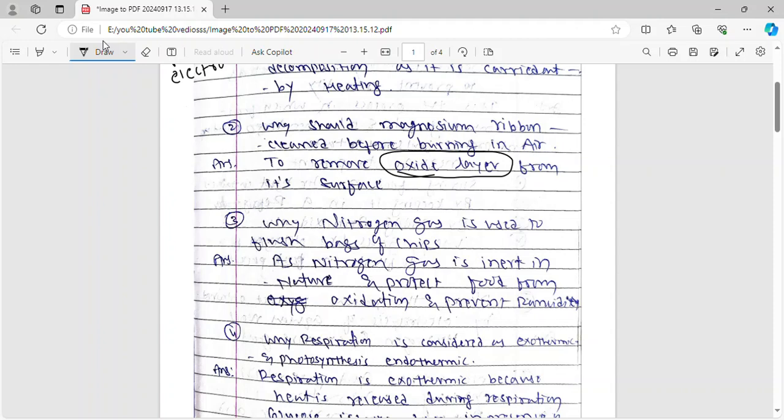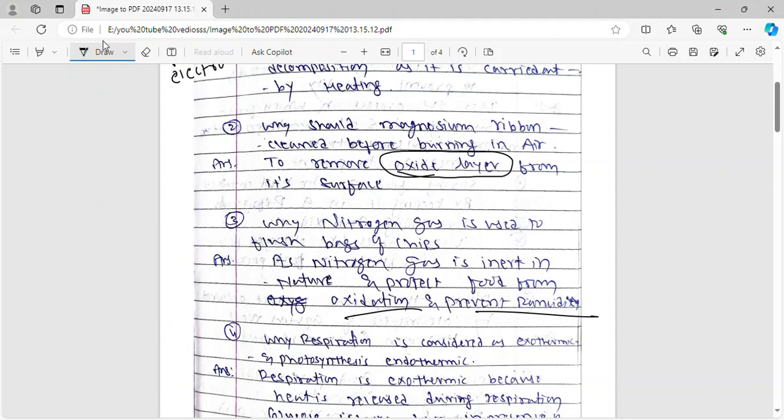Why is nitrogen gas used in flushing the bags of chips? You know that if nitrogen gas is filled in the chips packet or any other food packet, as nitrogen gas is inert in nature, it protects the food from oxidation and does not cause rancidity.